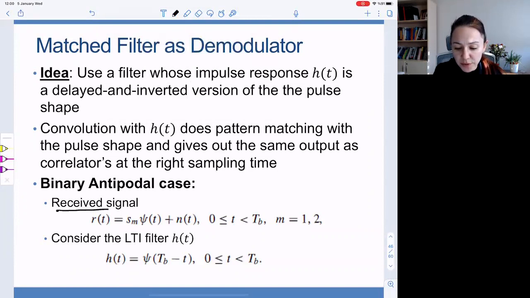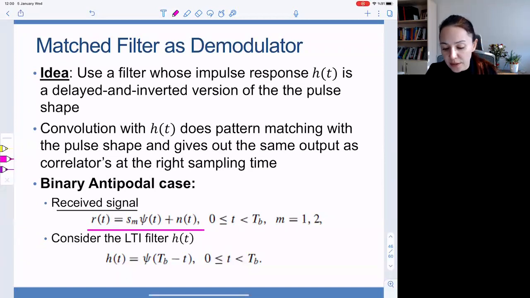In the binary antipodal case, the received signal, as you know, is S sub m times phi of t, the pulse shape, plus noise, where S sub m takes two possible values.